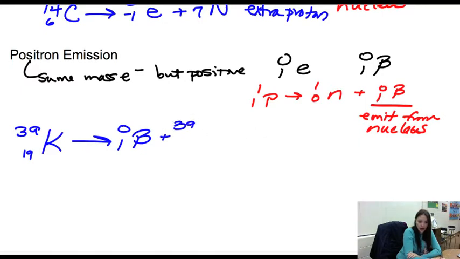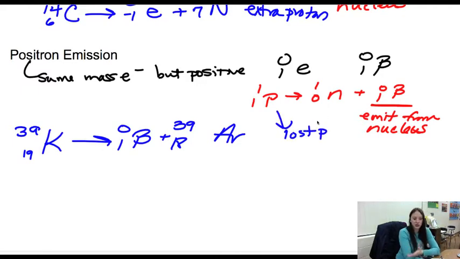So I've got 39, but now I take my proton, turn it into a neutron, and I'm going to have a total of 18, which is argon. So notice here I have one less proton, but my total still stays the same. It almost looks like you lost a proton, but you really didn't lose it, you just changed it. You went from 19 to 18, which is argon.